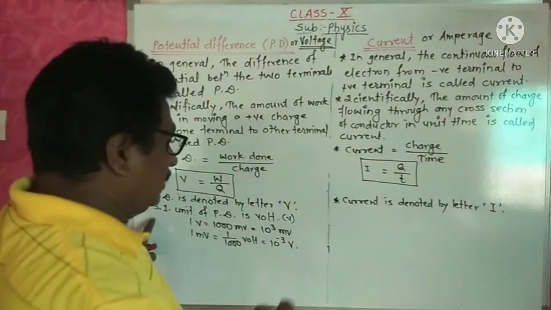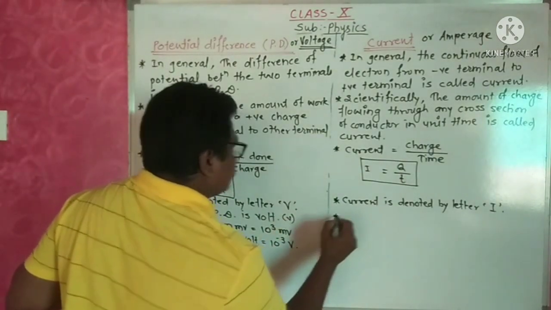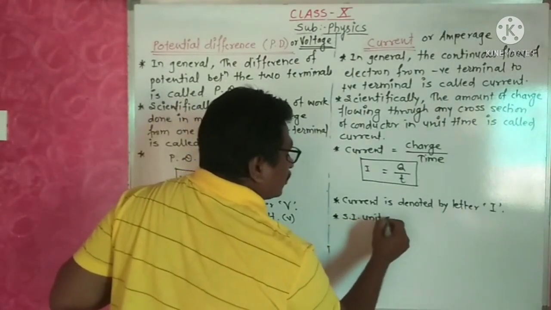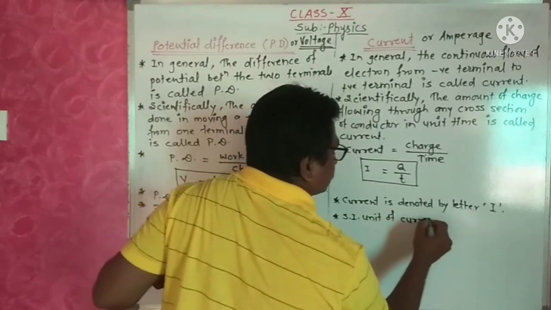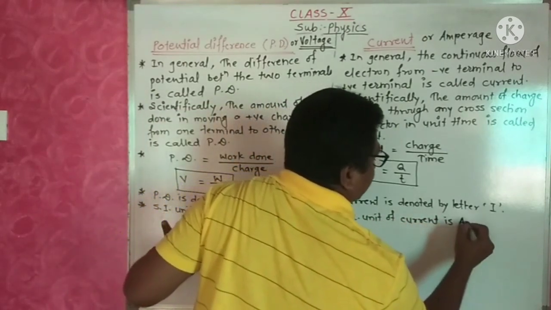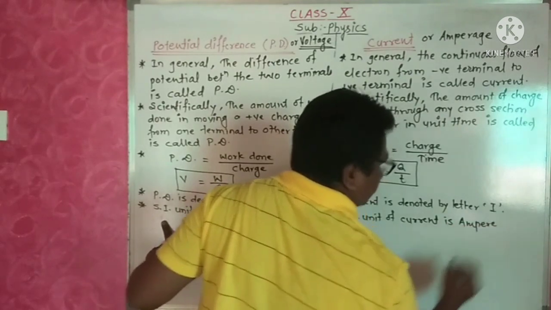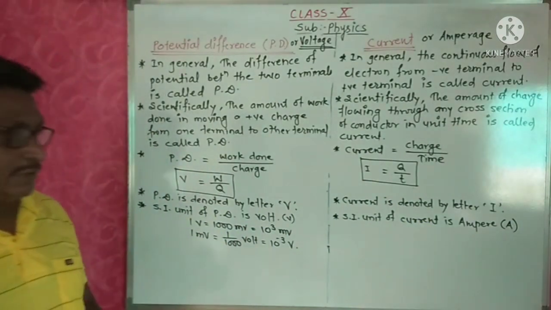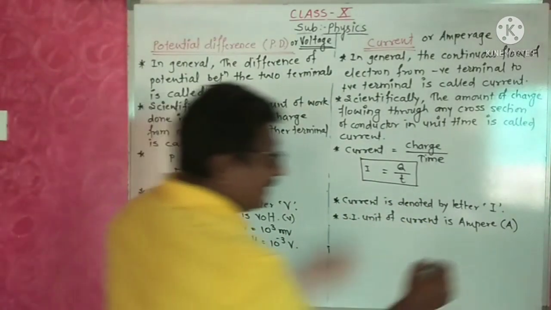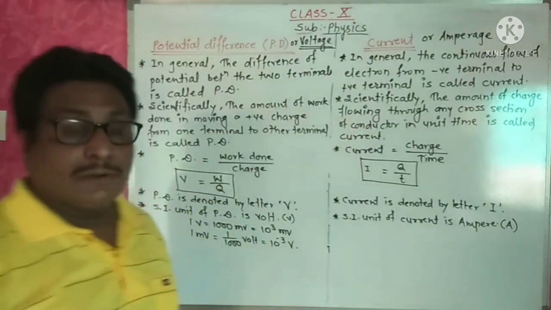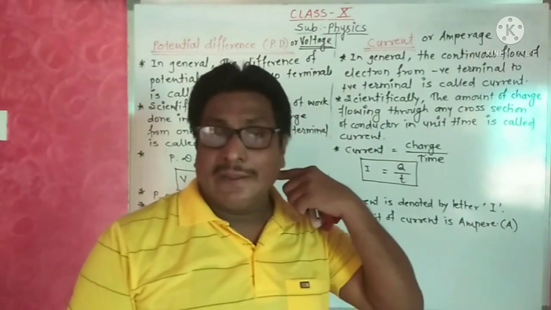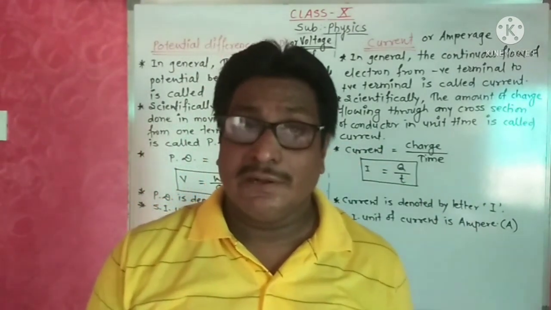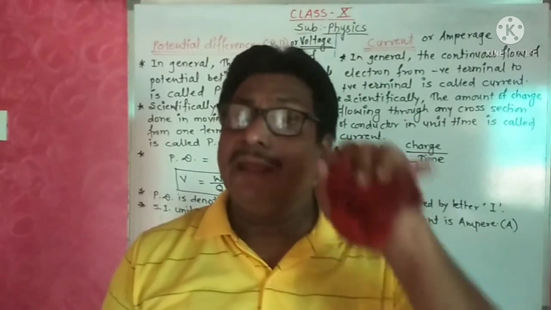Now in current, the SI unit of current is ampere. What is the SI unit of current? Ampere. Why is it ampere? Current was discovered by Andre Marie Ampere. Who discovered the current? Andre Marie Ampere.